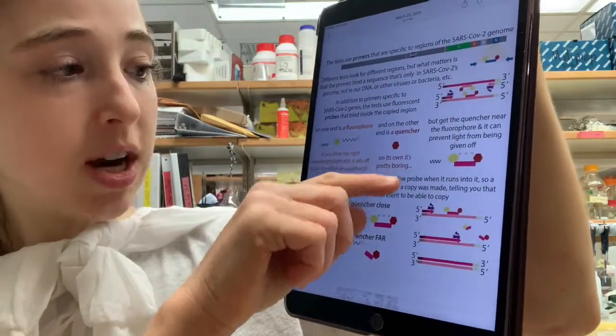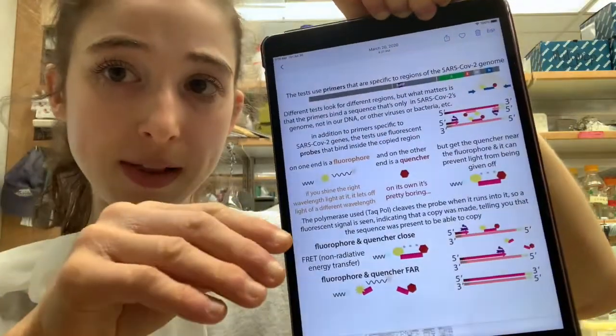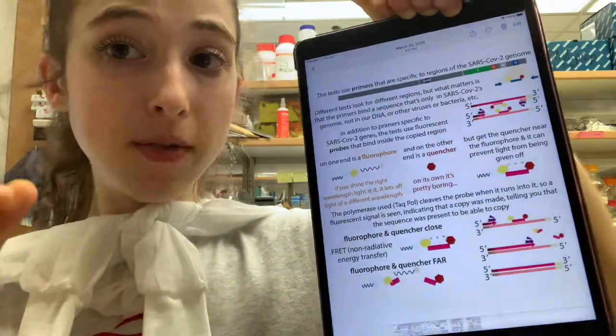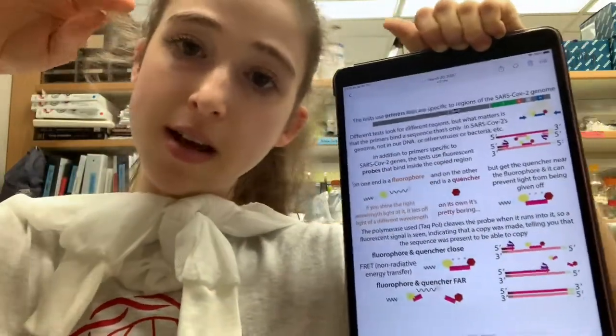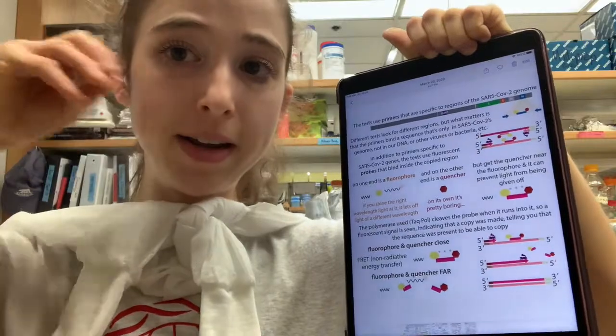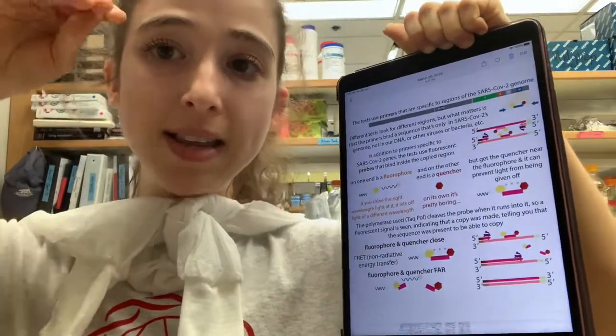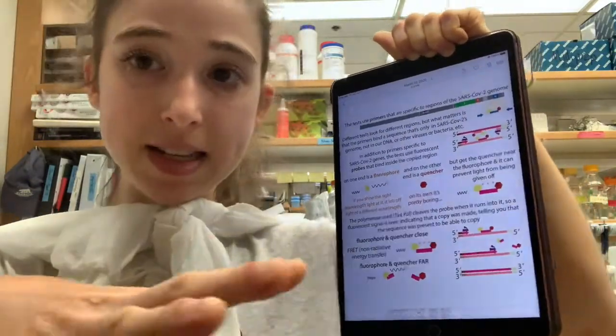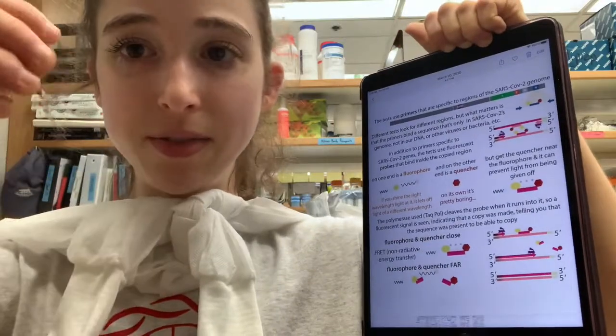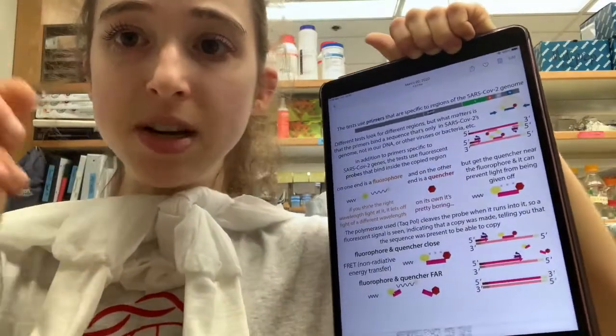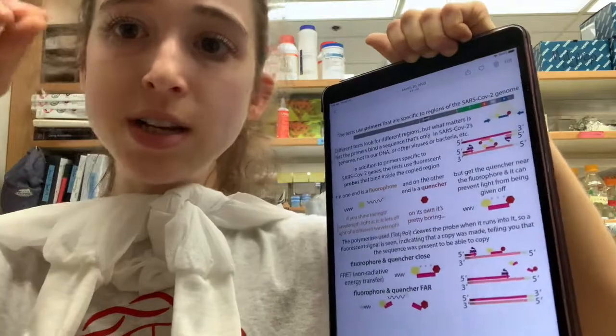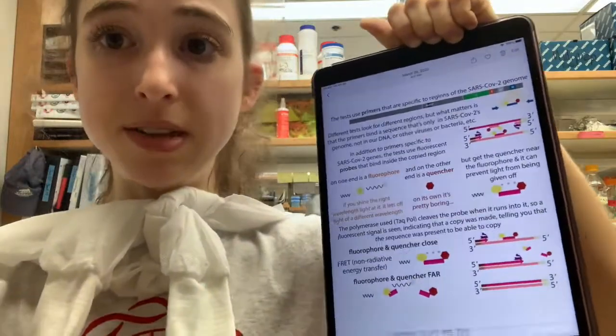And when you shine light at the fluorophore at one wavelength, what happens is light is a form of energy. And so you're giving this fluorophore energy, and then it's going to release it as its own light, but it's going to use up a bit of that energy. So the light it releases is going to be of a different wavelength.